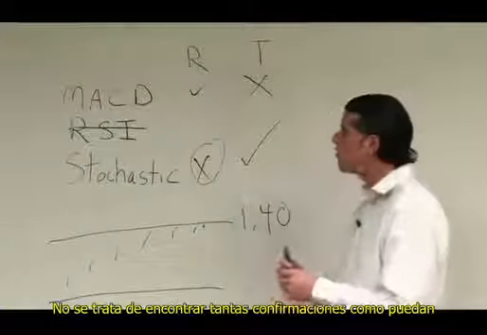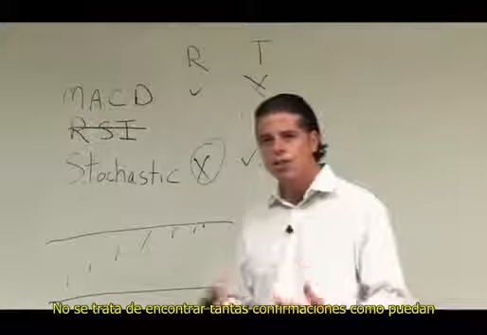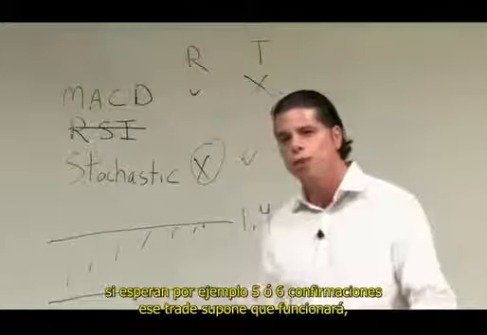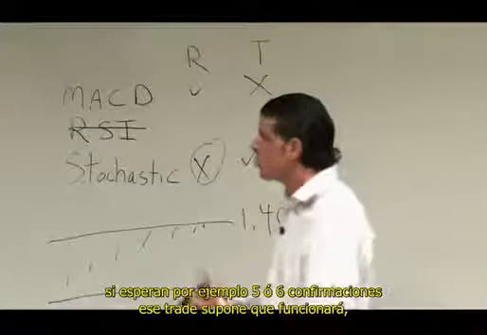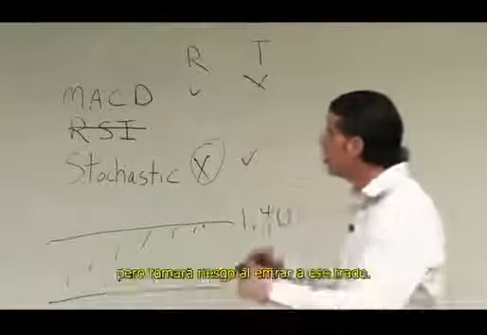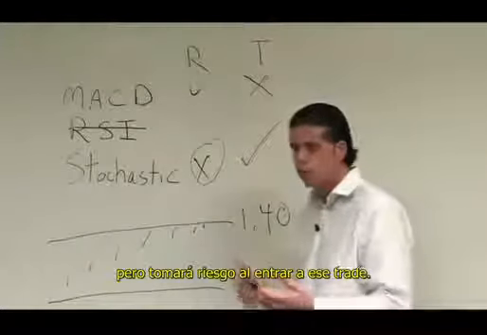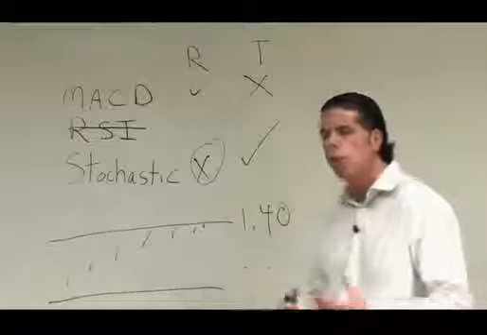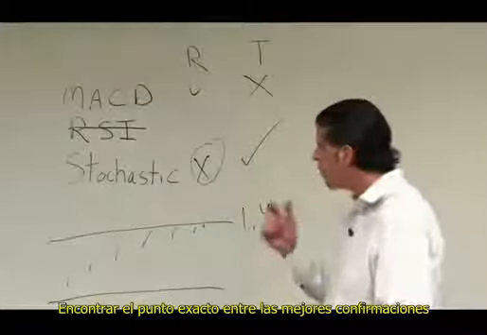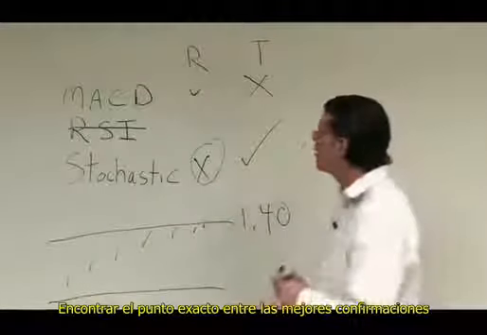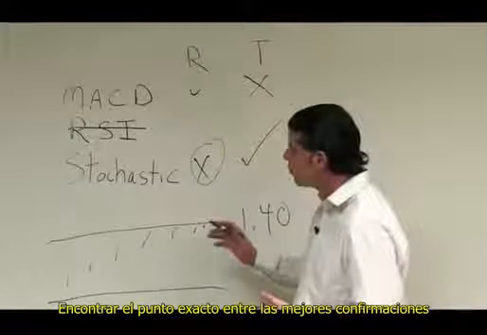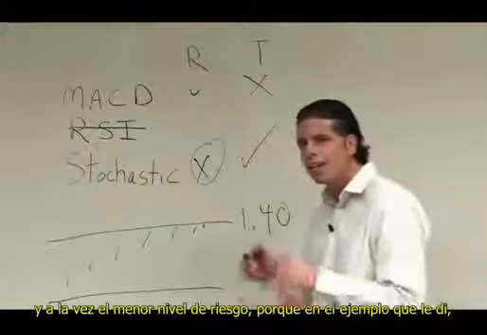It's not always about finding as many confirmations as you can, because if you find, let's say, 7 or 8 confirmations, yes, that trade is more likely to work out, but in waiting for those confirmations, you're going to have to take more risk when you do enter the trade. So it's about finding that sweet spot of having the best confirmations while taking the least amount of risk.